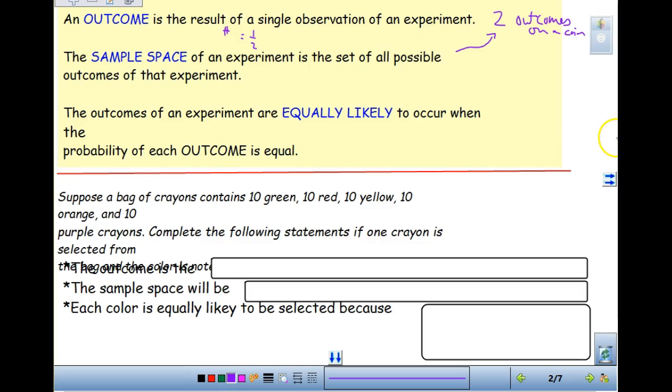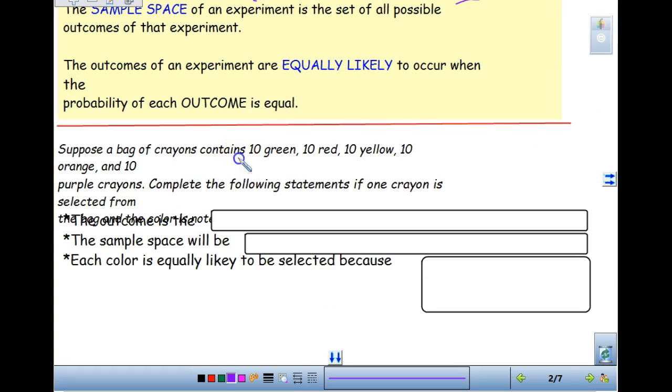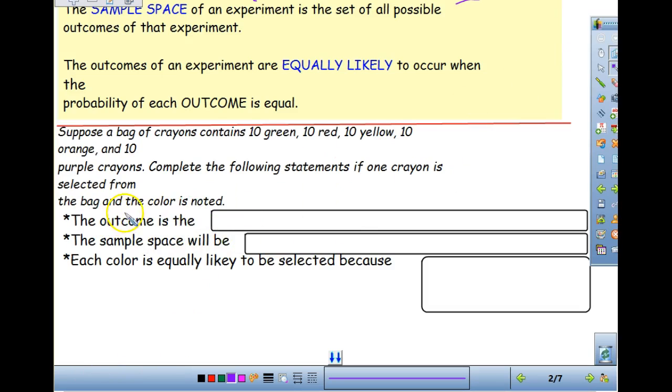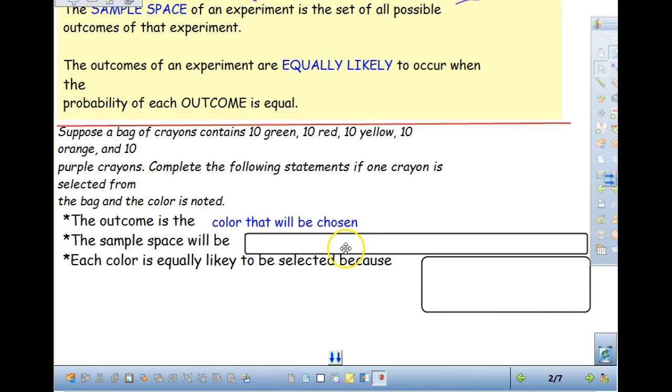If we are filling in our notes, it says, suppose you have a bag of crayons and it has 10 green, 10 red, 10 yellow, 10 orange, and 10 purple. Complete the following statement. If one crayon is selected, the outcome is the color that's going to be chosen.